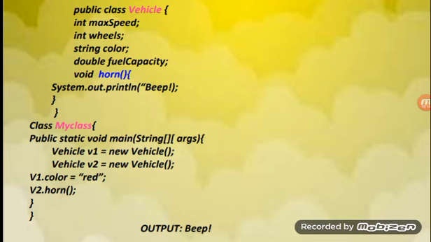V1 is a vehicle that has a red color, and v2 has a horn, and that horn, in the program above, System.out.println, has a beep sound. That output is the interconnection between these two pieces of code.